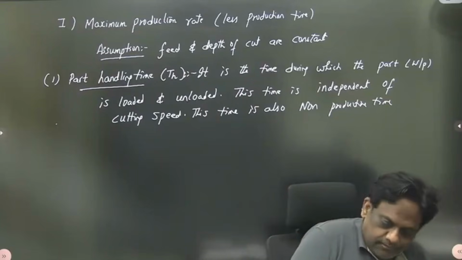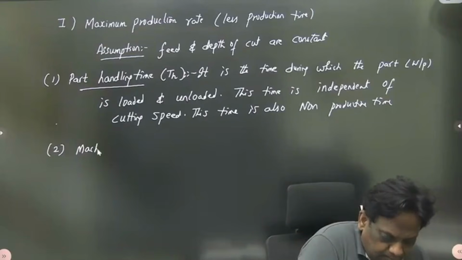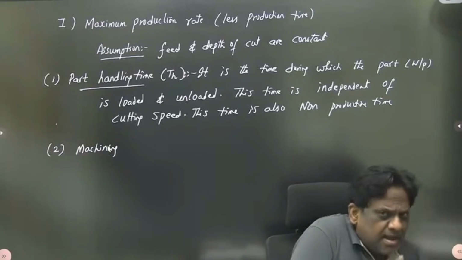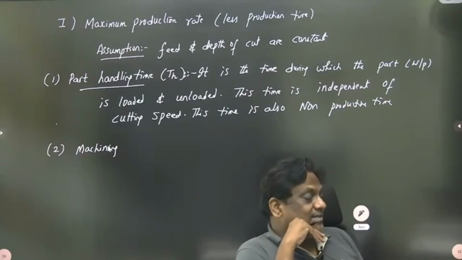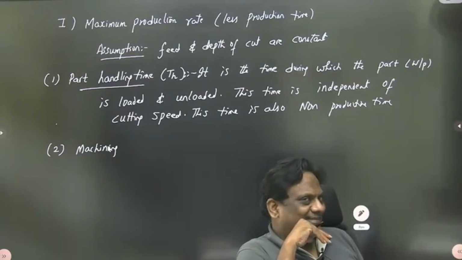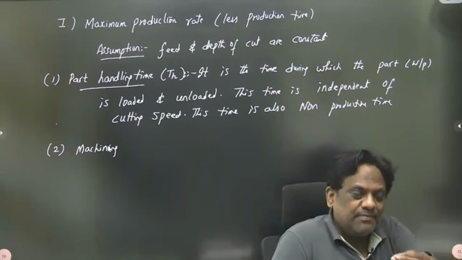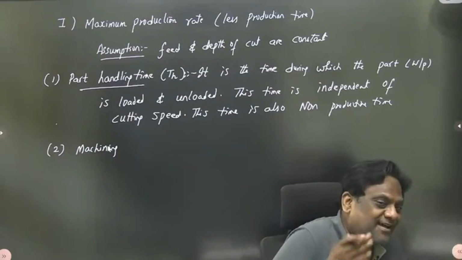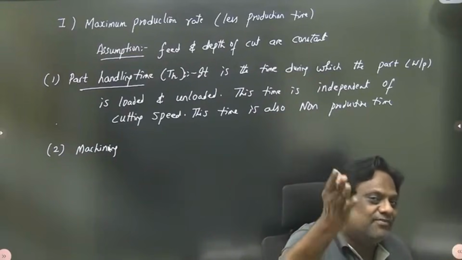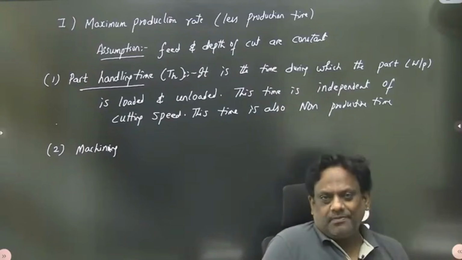Second, machining time. मैं graphs नहीं बता रहा हूं सर, तो आप बोलेंगे सर धोखा दे रहे हैं. देखो, first I will develop equations. Once I develop equations, from those equations, I will develop graphs. It is a different method, sir. मतलब मेरा approach totally different है.